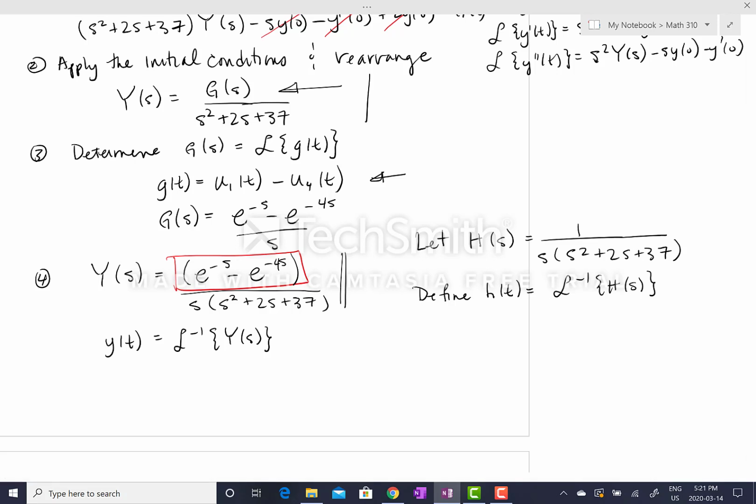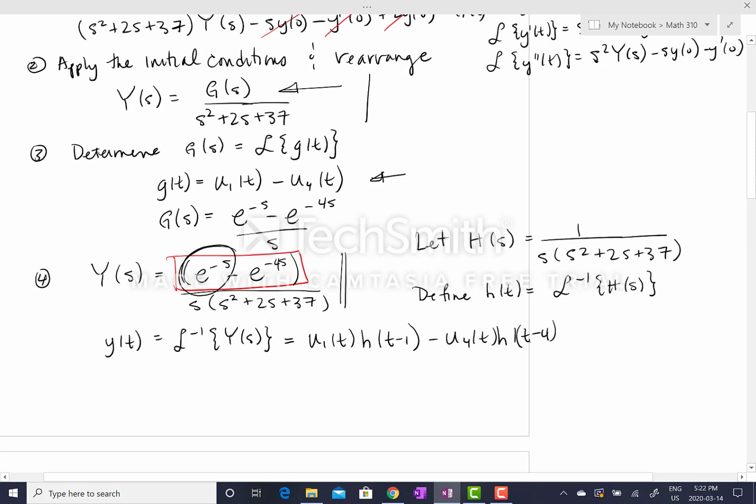That means that y of t is going to be u1 of t times h of t minus 1. That is coming from this one here. And then it's going to be minus u4 of t times h of t minus 4.